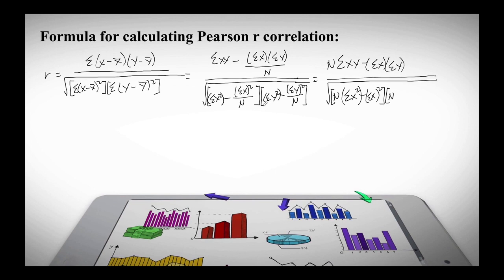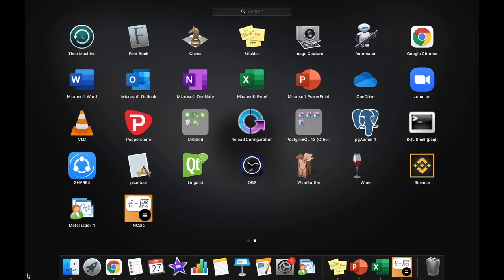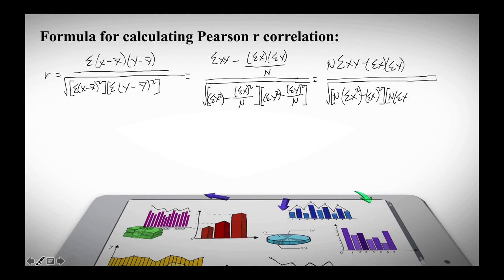So, kung titignan nyo, nilipat lang. N, then summation of y. This is y. I'll just delete this. Nagmukha kasi siyang x, no? And this is y. Okay, so, summation of y squared minus summation of y squared pero sa labas.